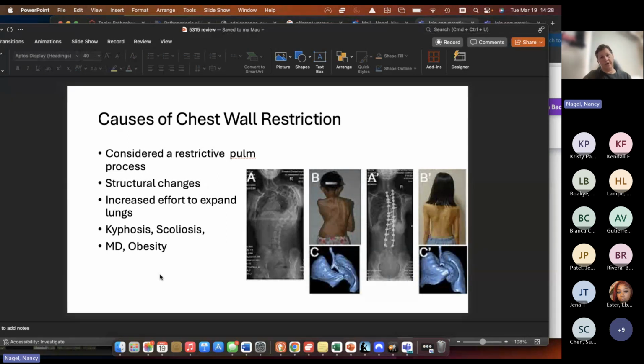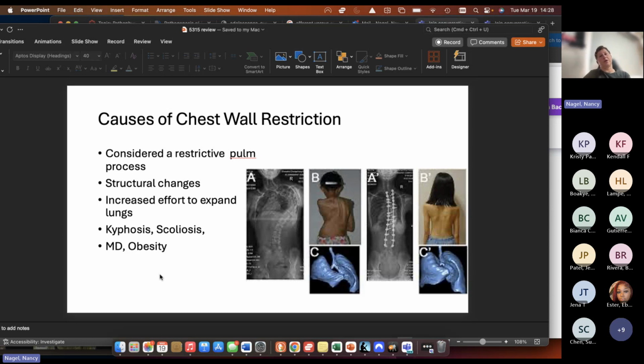Now, that's an oversimplification, but if I took a 30-pound weight, okay, and I was laying flat on the ground and I put it on my chest and I tried to expand my chest, it would be much more difficult for me to do that. Somebody who is obese has a gradual increase in their weight over time.